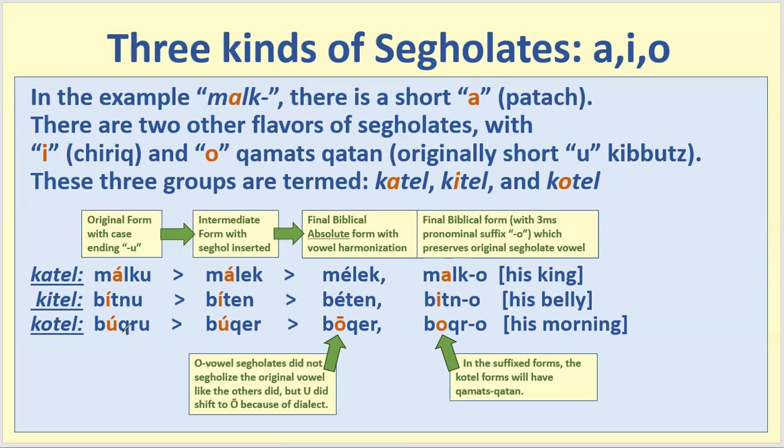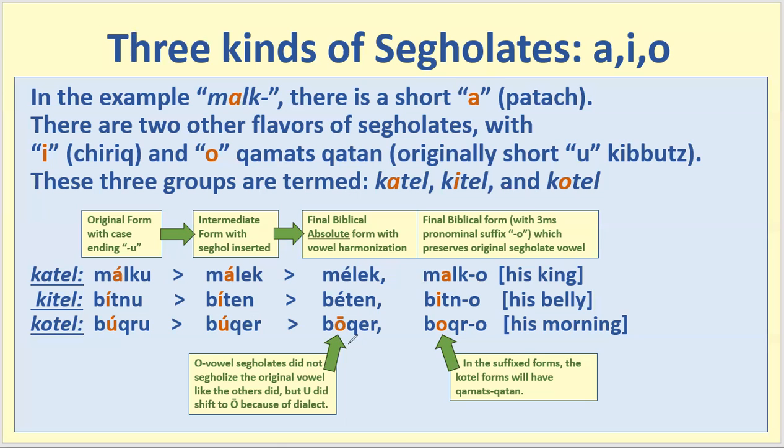Now the qotel form, I'm going to put an original u vowel here. Bukro is going to turn into buker, which then turns into boker in biblical Hebrew. Now, vowel harmonization did not take place with these qotel segolates.